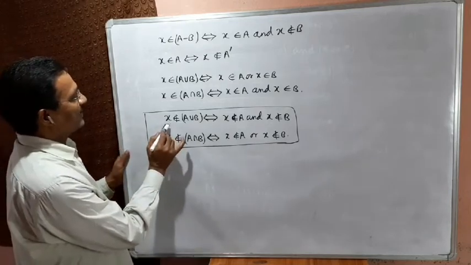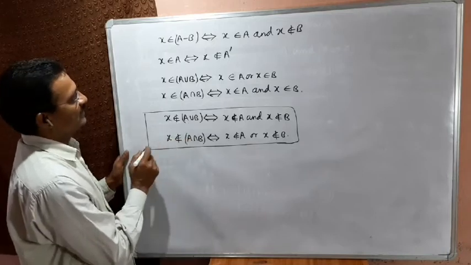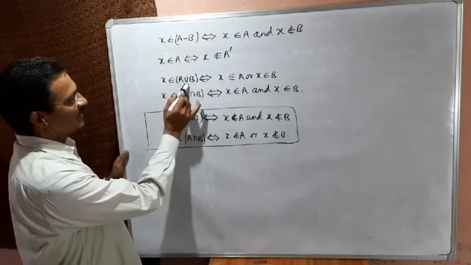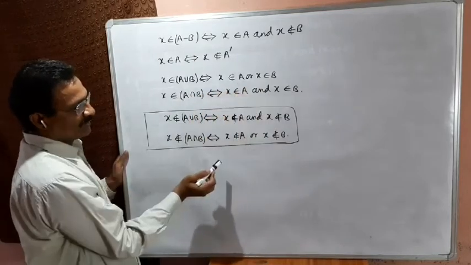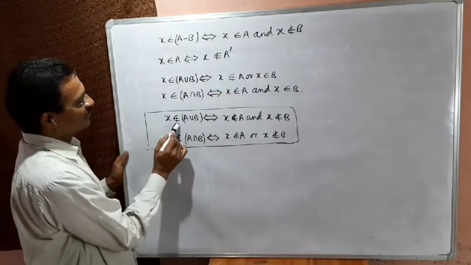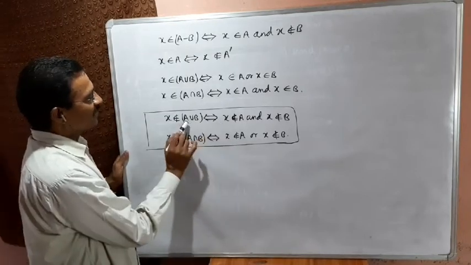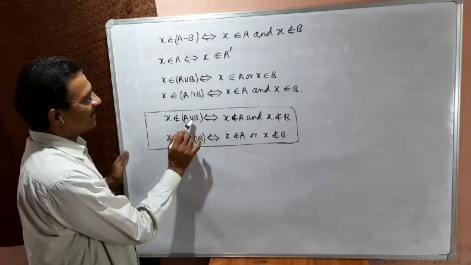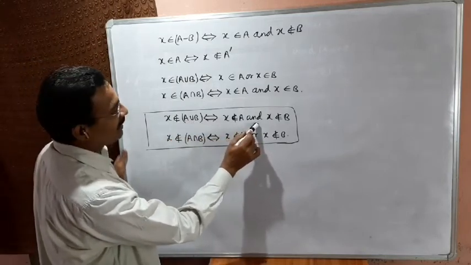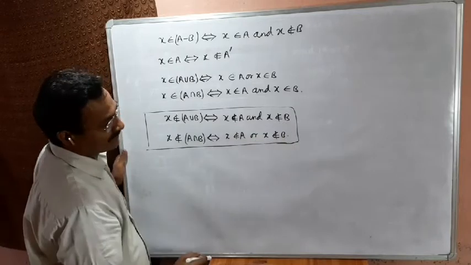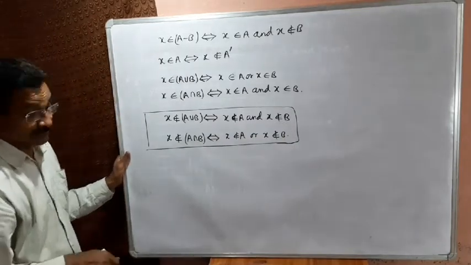I have written x does not belong to A union B. If x belongs to A union B, this implies x belongs to A or x belongs to B. But when we say x does not belong to A union B, this implies x does not belong to A, and this union changes to and, x does not belong to B. This is noticeable. You should note this.